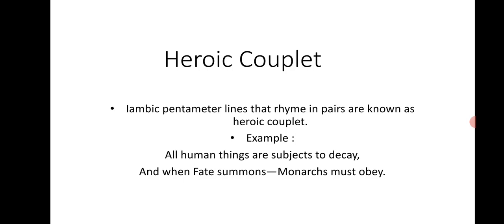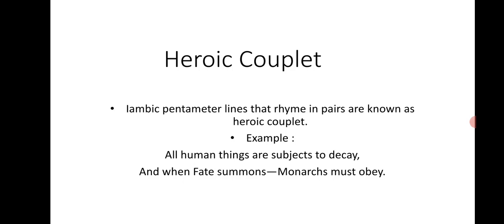And coming to the next line, what we find is that "and when" make the first foot, "fate summons" make the second foot, "mon" and "archs" make the third foot, "must" and "o" make the fourth foot, "bey" makes the last foot.